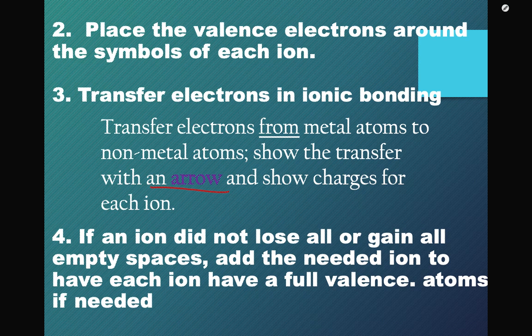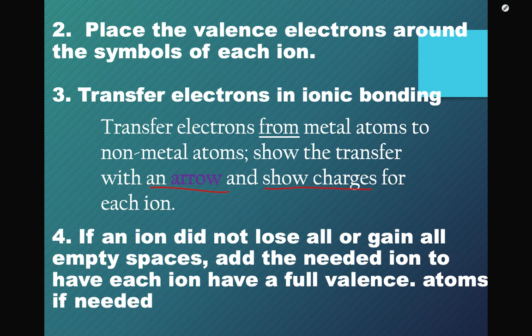But then use an arrow to show the transfer and write down the charges. So step number 3 has a lot in it. We are symbolizing the transfer with an arrow, but as a result of the transfer, charges develop, and so you have to write in what those charges are.